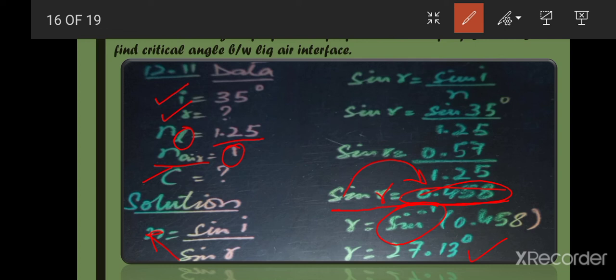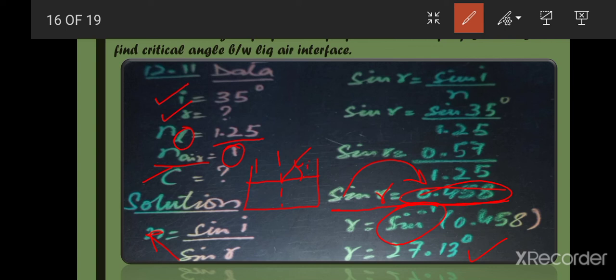I want to draw a diagram for you. Here is a liquid in the container, and the light ray is incident from air into the liquid. Here is the angle of incidence, which is 35 degrees.